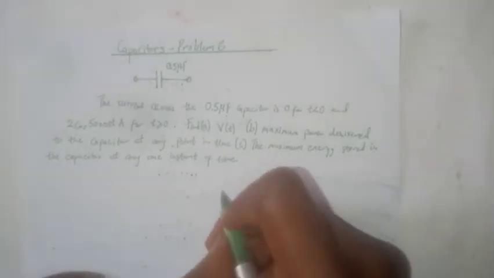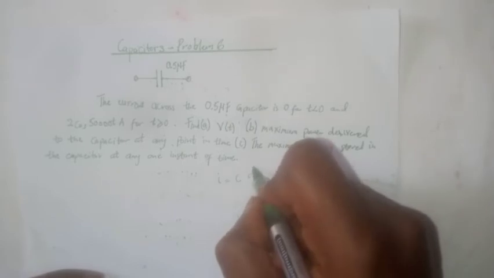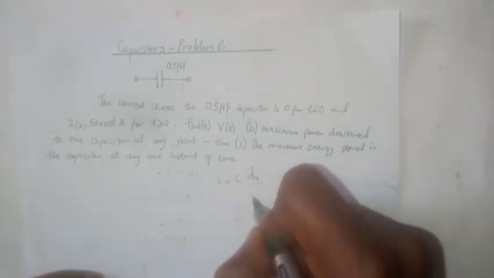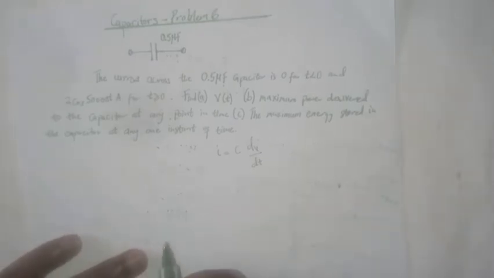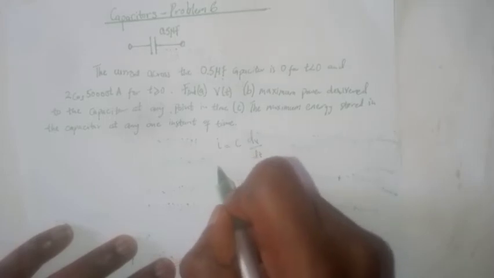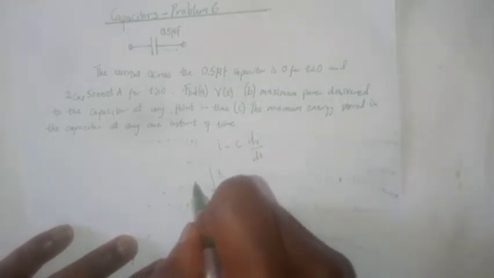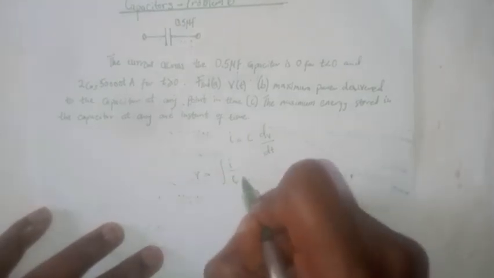You know that i is equal to C dv/dt. So we can just say that i over C integrated is equal to v.